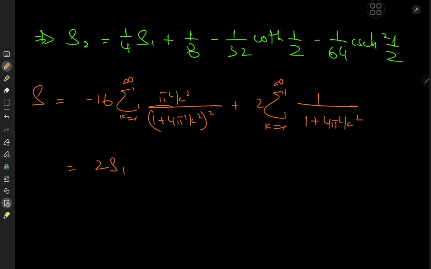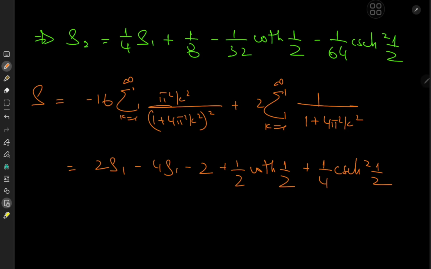So this is 2 times S sub 1 minus 16 times all of this stuff up top. Okay, so that's minus 4 times S sub 1, again, negative sign, so that's minus 2. Then that's a plus 1/2 hyperbolic cotangent of 1/2. And there's a plus sign over there, 1/4 of hyperbolic cosecant squared 1/2.